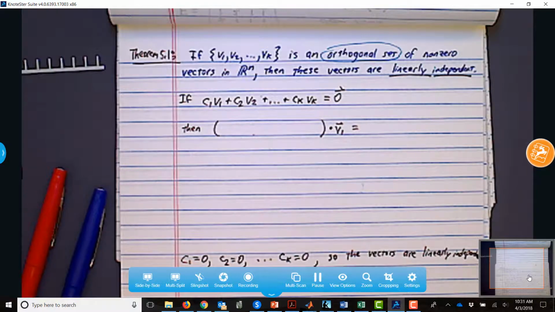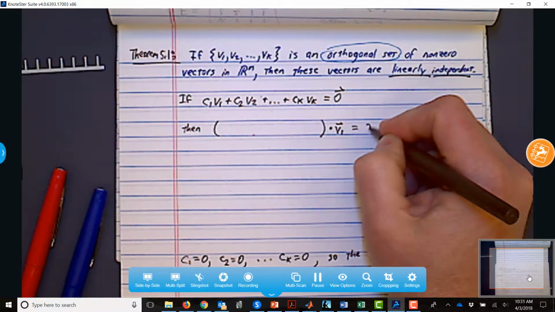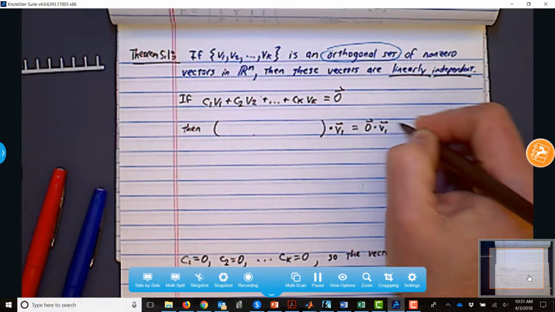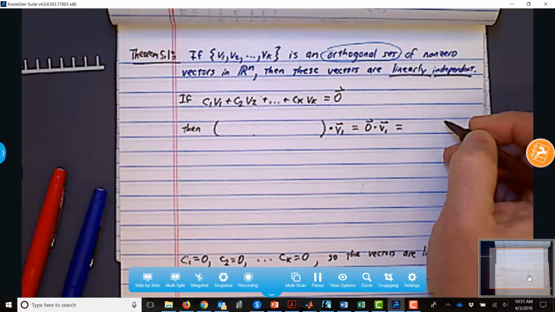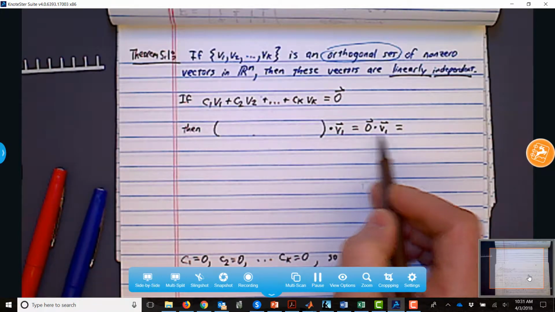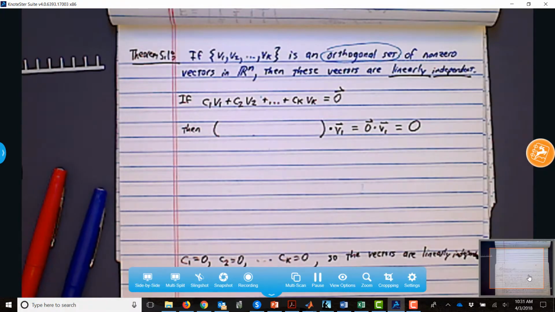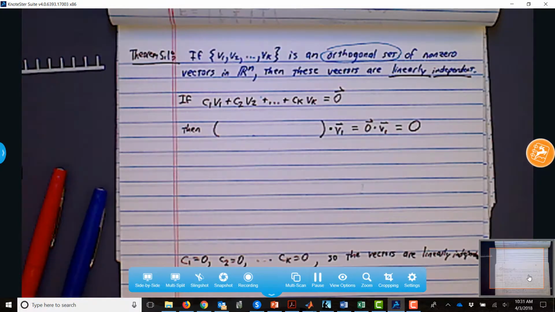And we'll also dot the other side with V1. But of course, if you dot the other side with V1, what do you get? What's the dot product of 0 and V1? It's 0.